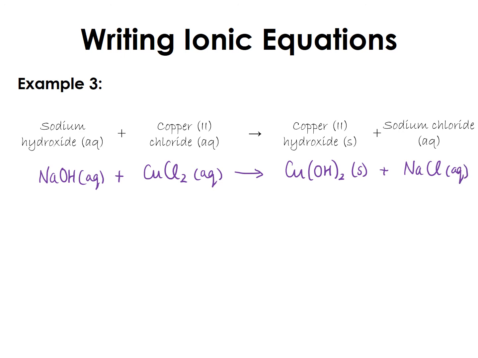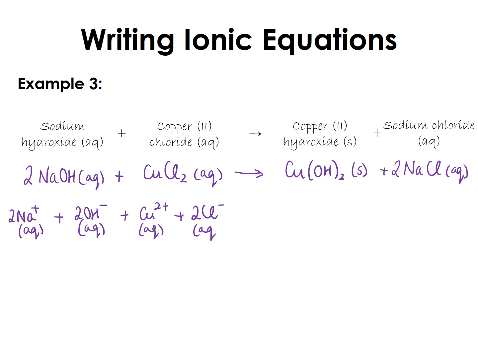Balance that equation, we need 2 NaOHs on the left hand side, forming 2 NaCls on the right hand side, like so. So here we've got 2 Na+, I'll put these underneath again, (aq), 2 OH-, (aq), Cu2+, (aq), 2 Cl-, (aq).